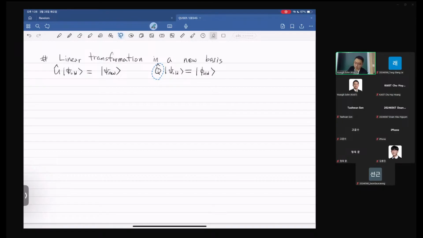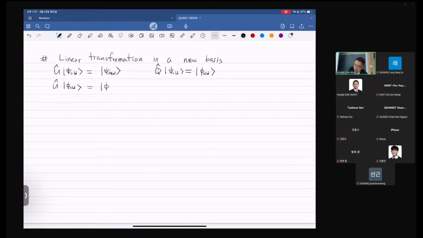That's what Q represents. And this phi old is still the old representation. You should interpret it as written in the old basis, so you can also convert that into a new basis.